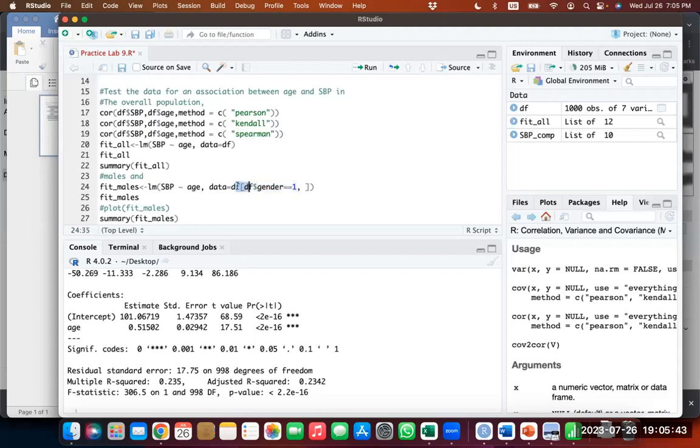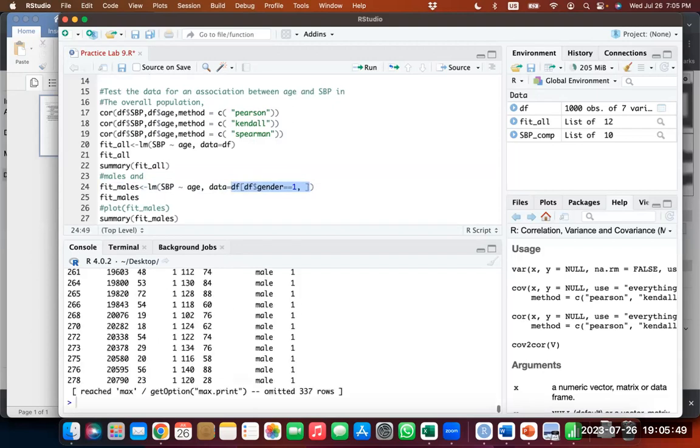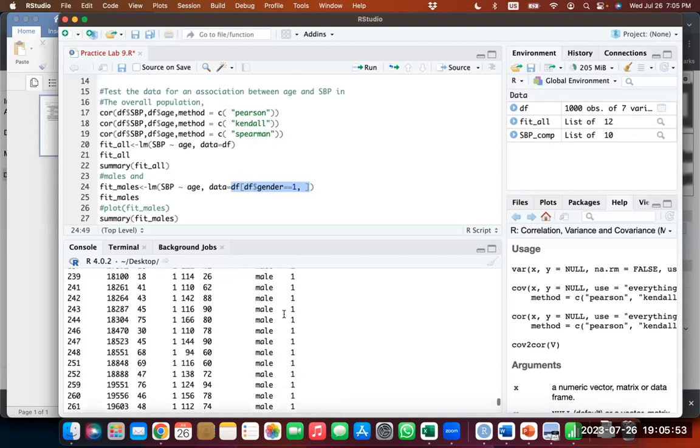So that will be this list. If we just run this part, that will be only our males. And you see here that these numbers are discontinuous because in between you had the females. So it only selects the males out of that whole data frame.